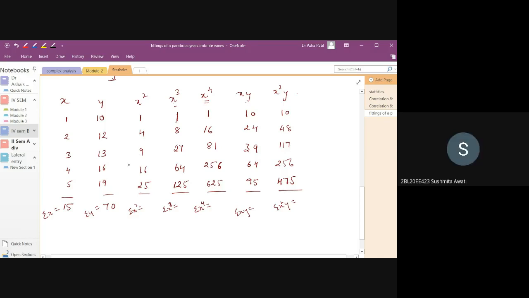Summation x square is 55, ma'am. Which one? X cube? 225. Okay, x raised to 4? 979, ma'am.